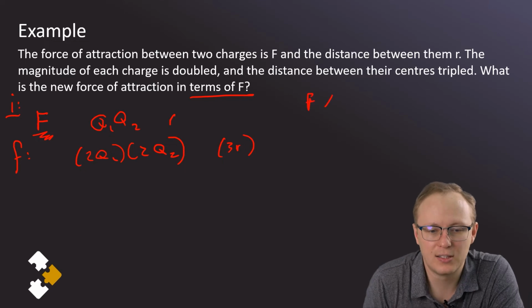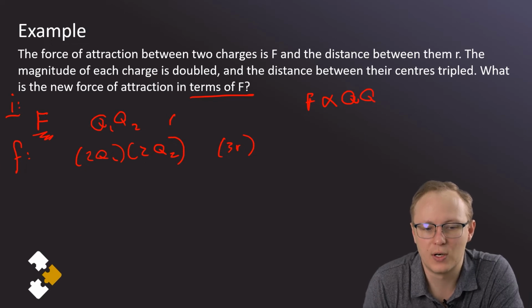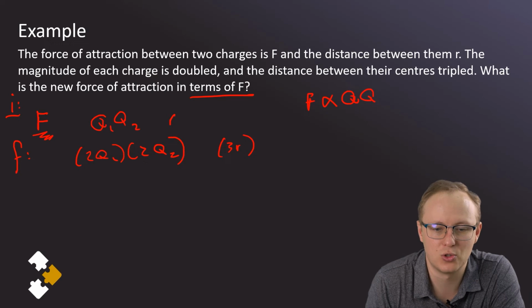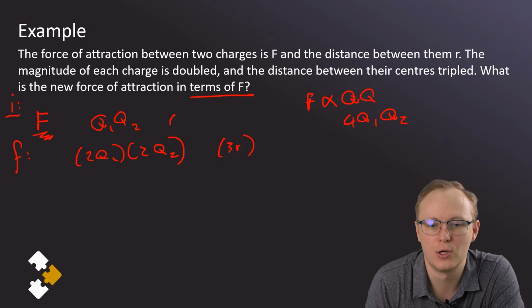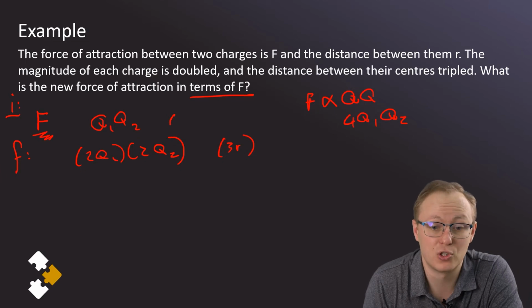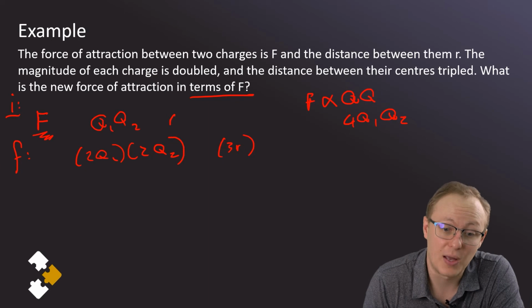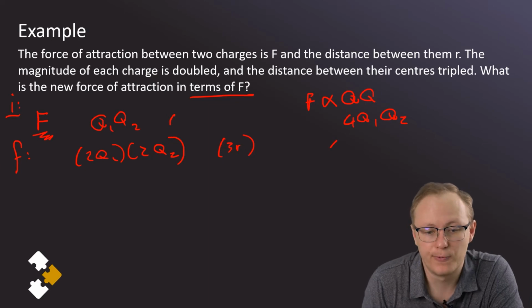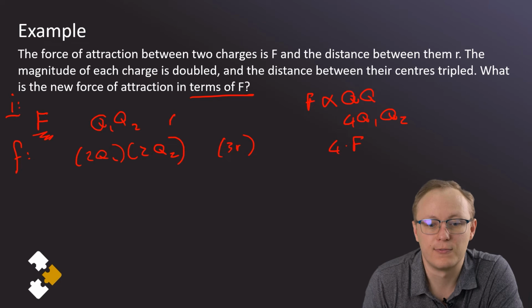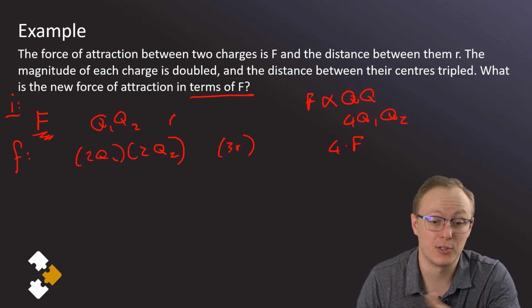Now F is directly proportional to the product of the charges. So if we take this 2Q1 times 2Q2, the 2 times 2 gives us 4. So if we increase the product of the charges by a factor of 4, we've got to increase F by a factor of 4. So 4 times F is the result of doubling the charges.